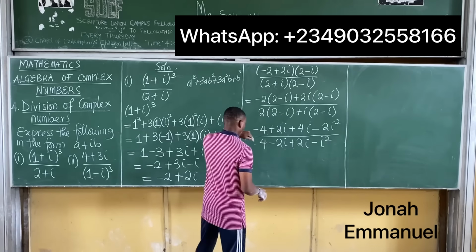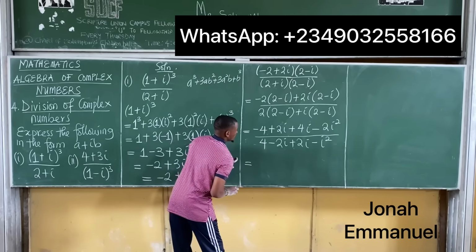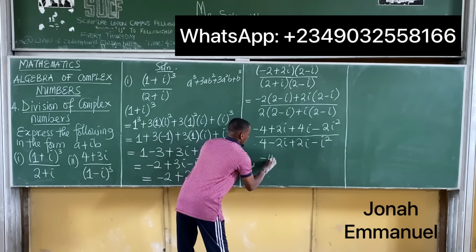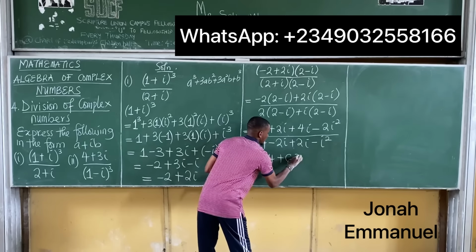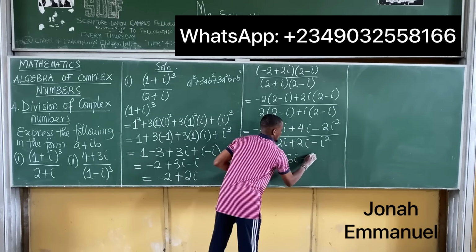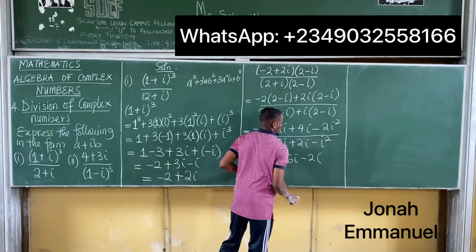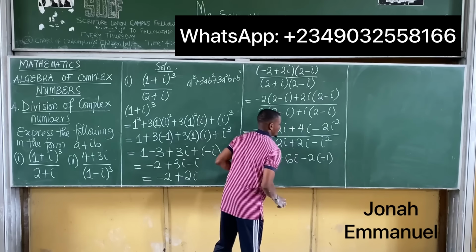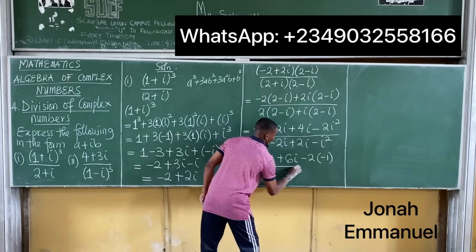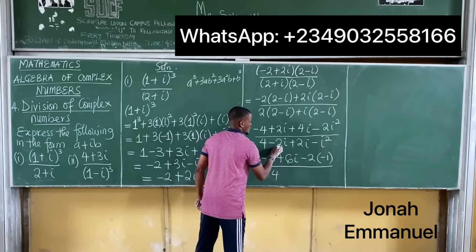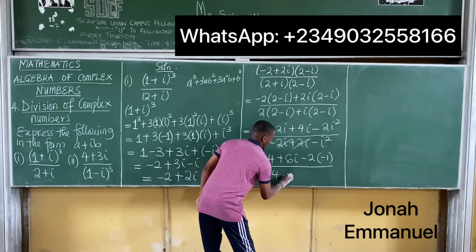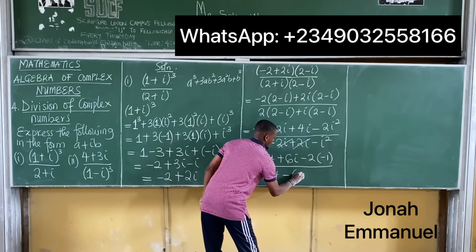So we have this. Alright, to work this out, I'm having here as minus 4 plus 2 plus 4 is plus 6i minus 2 into i squared. We said i squared is minus 1, all over, this is 4 minus 2i plus 2i, they will cancel out, minus i squared is minus 1.